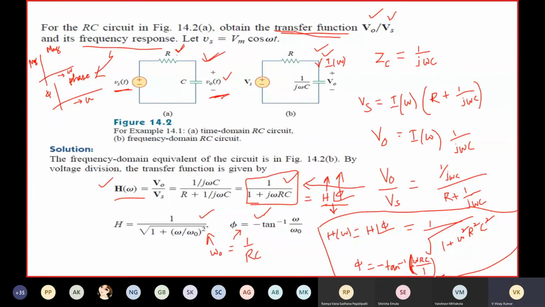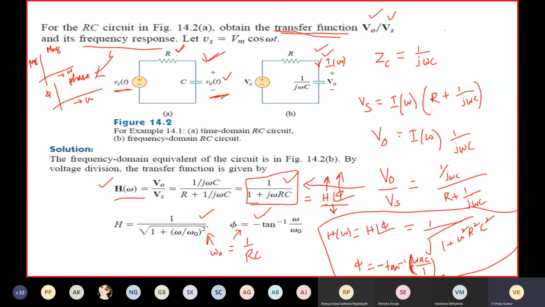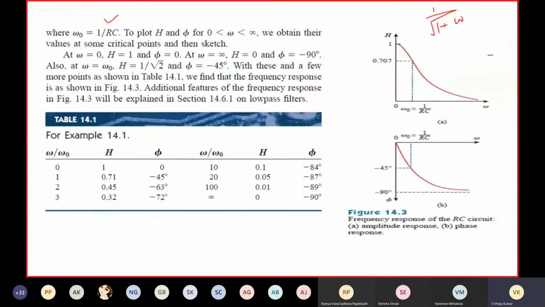So we have magnitude and phase angle, right? So what is the magnitude here? H is equal to 1 by under root of 1 plus omega by omega naught square.